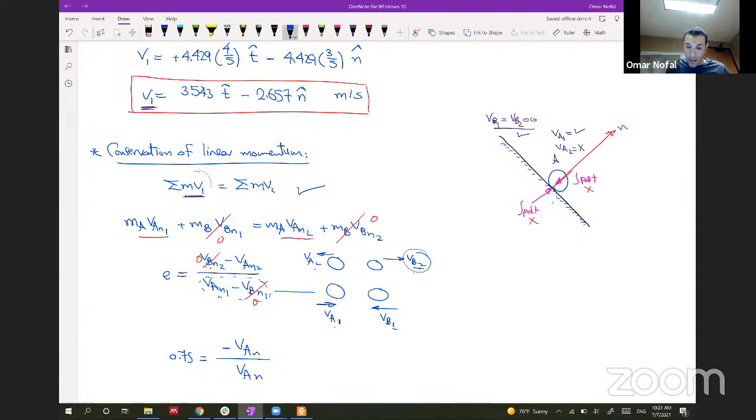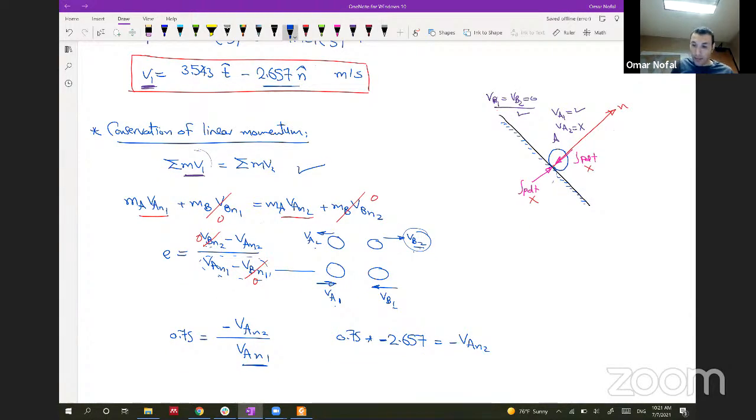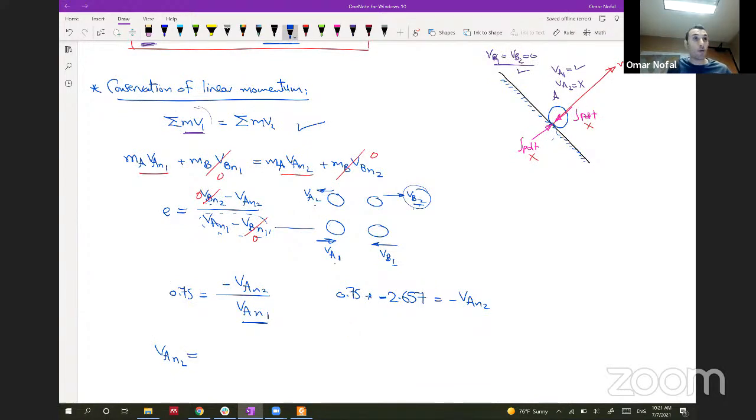So we know 0.75 multiplied by VAN1, which is this component, negative 2.657, will be equal to negative VAN2. And finally, you can get VAN2, and it will be equal to positive 1.933 meters per second. So we got the normal component of this body after the collision.